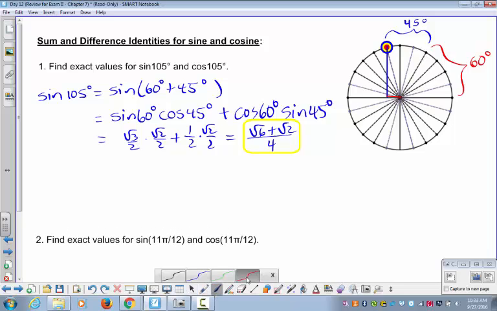So if we do cosine of 105, we'll bust it into cosine of 60 plus 45. And we get cosine, cosine, plus or minus? Minus sine, sine.